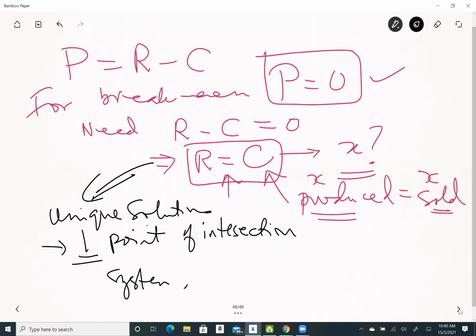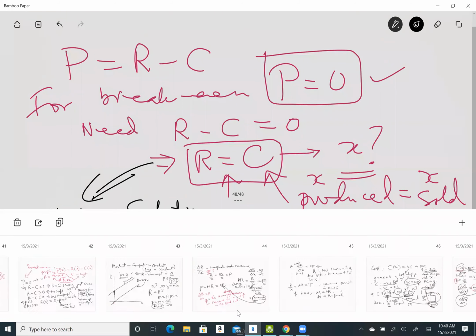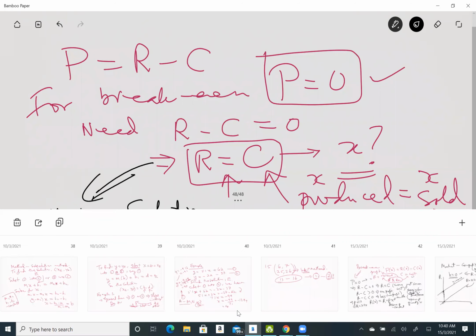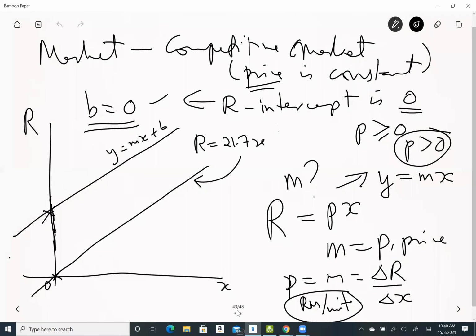If I go back to the graph that you just drew, is there a solution? No solution because the cost and the revenue are parallel. So now, how can you draw it in order to make it only 1 solution? You sketch your cost function, or you adjust your revenue function. Doesn't matter which one you adjust, so that there will be 1 solution.